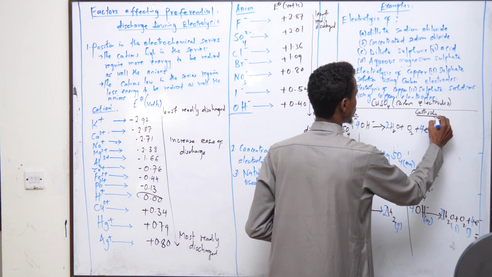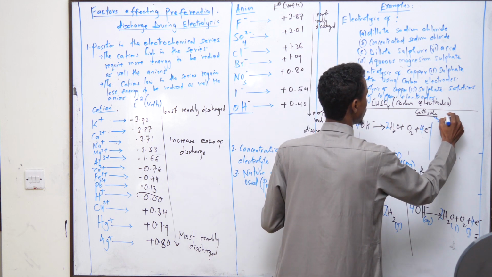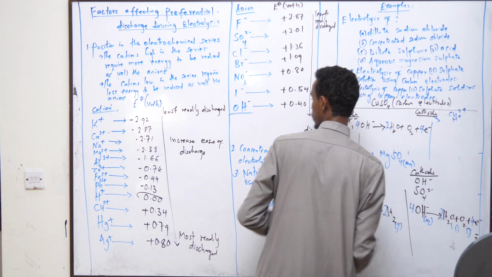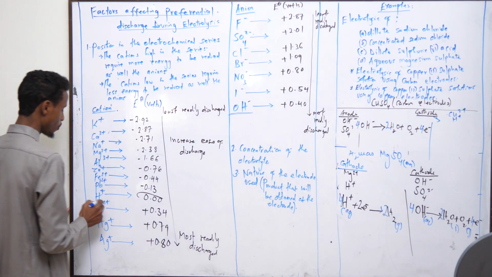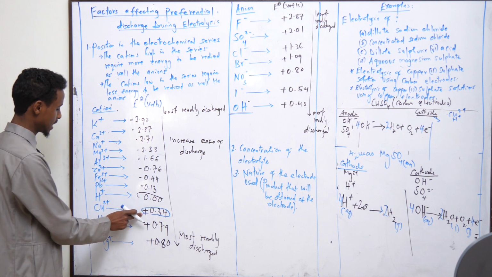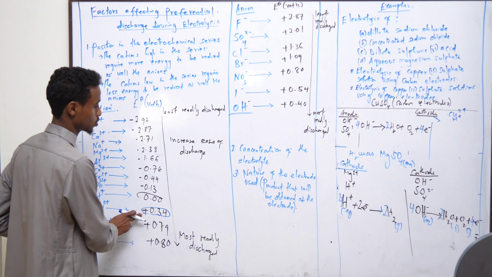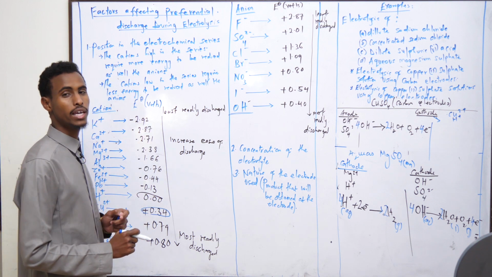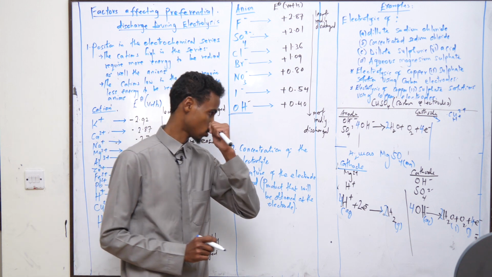Now, what about the cathode? On the cathode we have copper and we also have hydrogen. Now we can clearly see that copper has a higher tendency to gain electrons as compared to hydrogen, depending on the position in the electrochemical series.